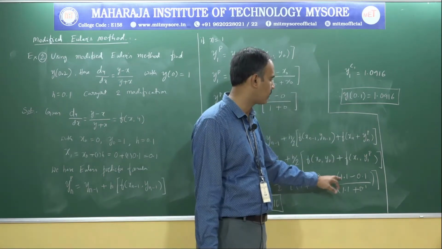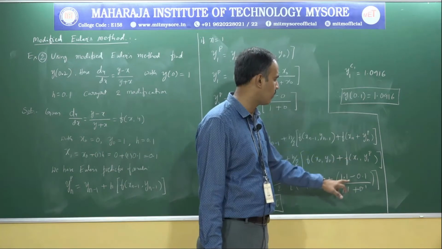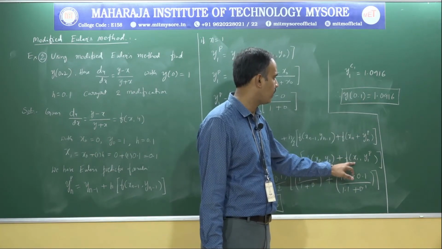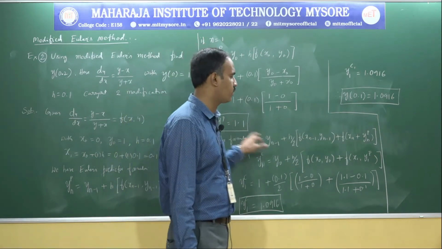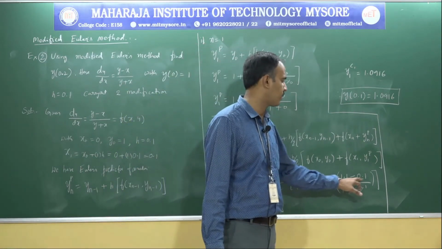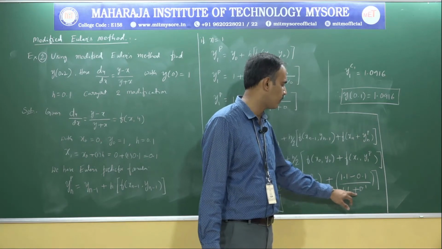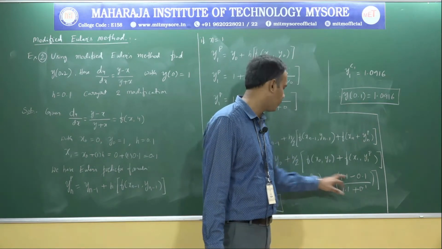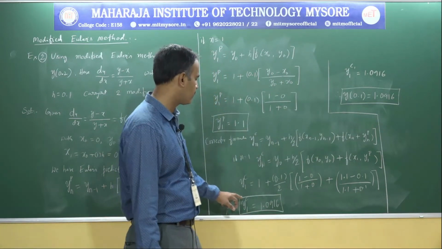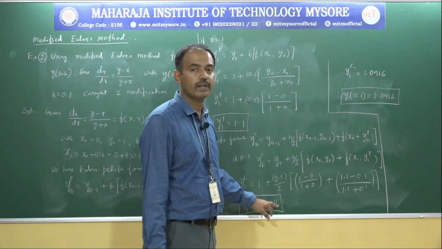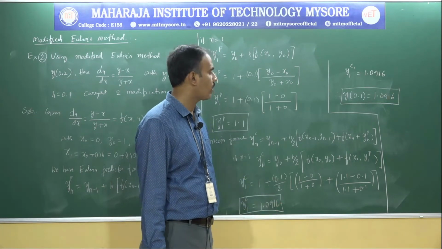Here x1 value is 0.1, and we already have y1p as 1.1, so 1.1 minus 0.1 over 1.1 plus 0.1. Using a calculator, we simplify and get y1c equal to 1.0916.